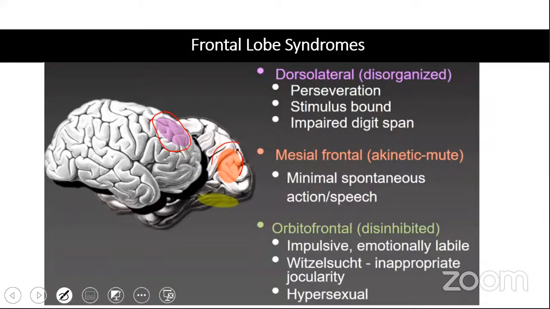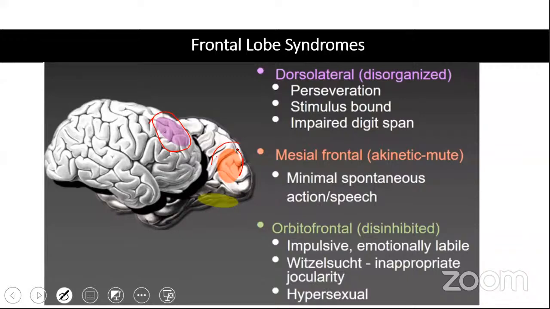If there is a disturbance in this region, the individual will become akinetic and mute. That is the importance of knowing an individual who presents to you with akinesia, is not moving at all and is not talking at all. That is the mesial frontal region. Now you see, the frontal lobes are what differentiate human beings from animals.